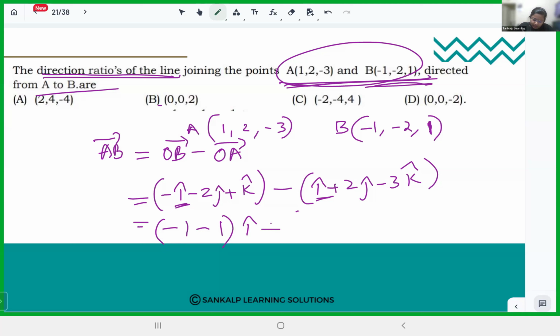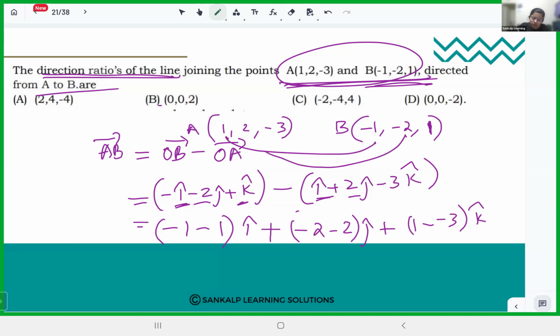Next you subtract the y components: -2 -2 into j, plus 1 minus -3 into k. It is not 3k, it is 1 minus -3 into k.